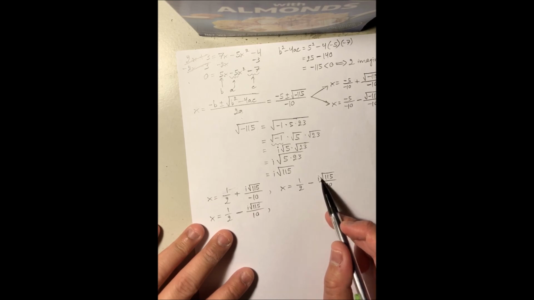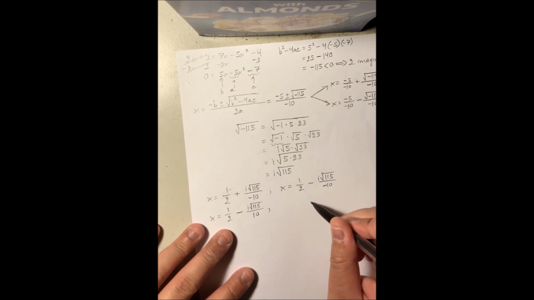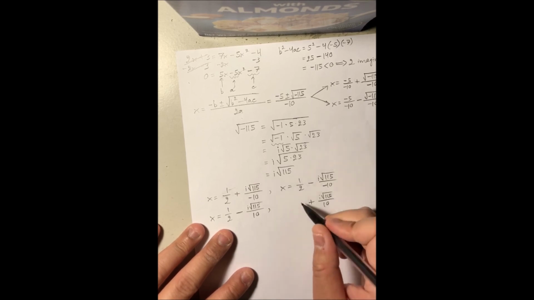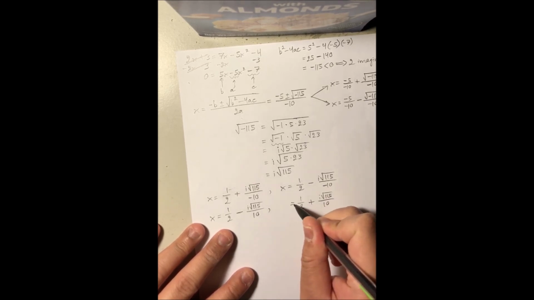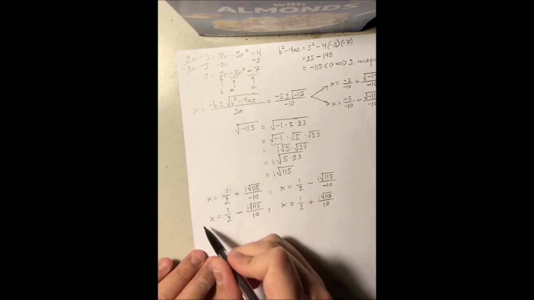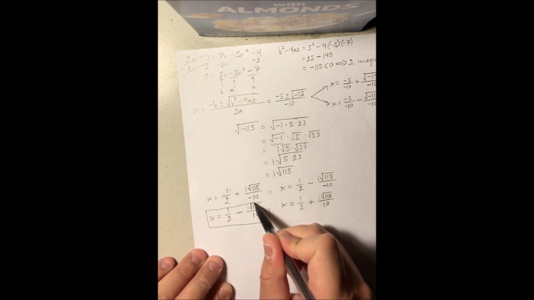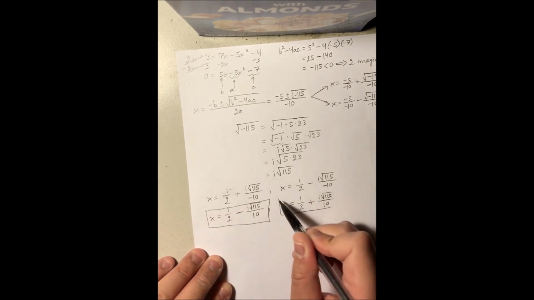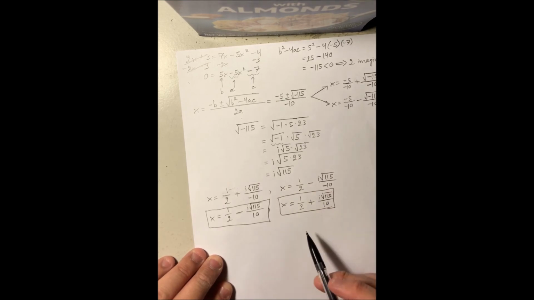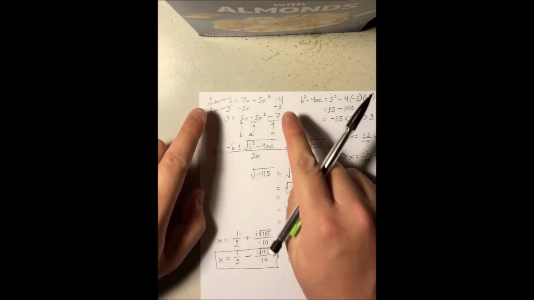You have a negative numerator divided by a negative denominator. That's going to turn into a plus. Then bring down the 1/2, bring down the x equals. These are the imaginary solutions of this equation.